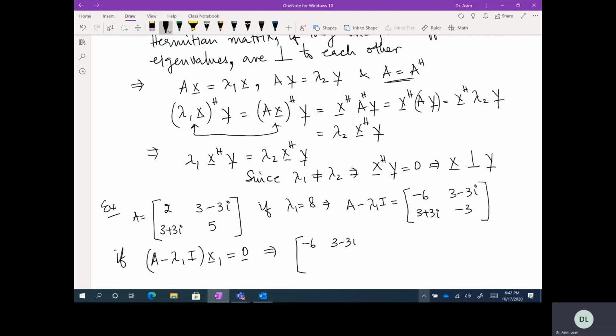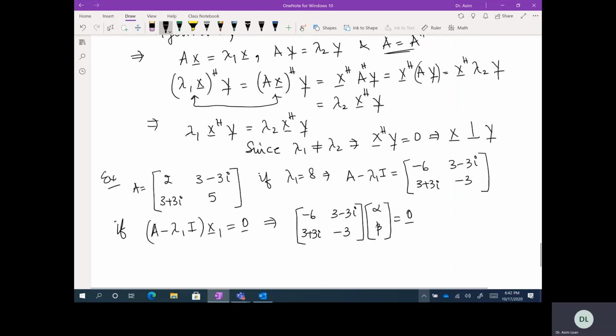And if I do the same thing, A minus lambda 1 I into x1 equals 0, this implies [minus 6, 3 minus 3i; 3 plus 3i, minus 3] into [alpha, beta] equals the 0 vector. And if I solve this, this implies minus 6 alpha plus (3 minus 3i) beta equals 0, and for the second equation, (3 plus 3i) alpha minus 3 beta equals 0.